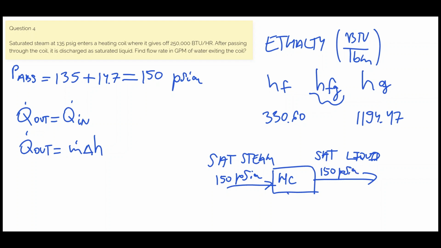We know that the coil gives off 250,000 BTU per hour. This equals our Q out.